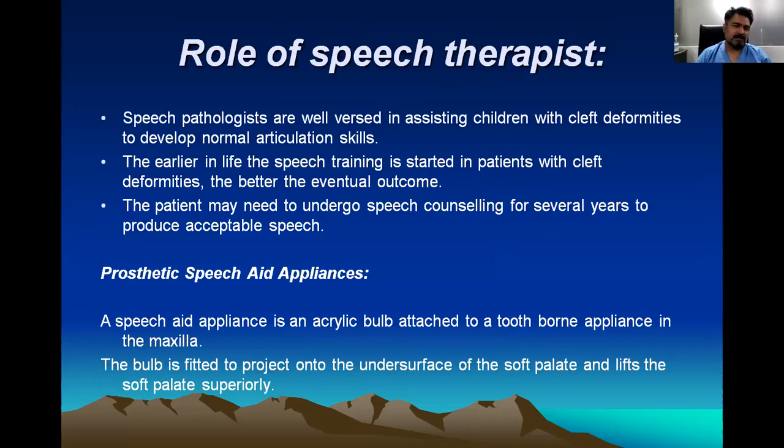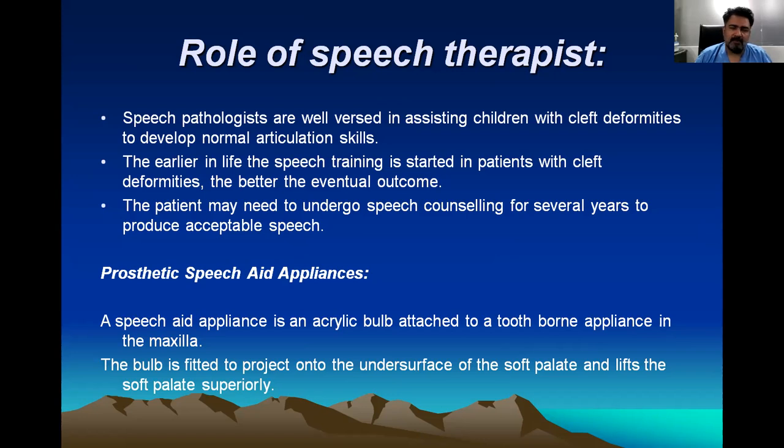Now, very important is the role of the speech therapist. The speech pathologists are well versed in assisting children with cleft deformities to develop normal articulation skills. The earlier in life the speech training is started in the patient with cleft deformities, the better the eventual outcome.